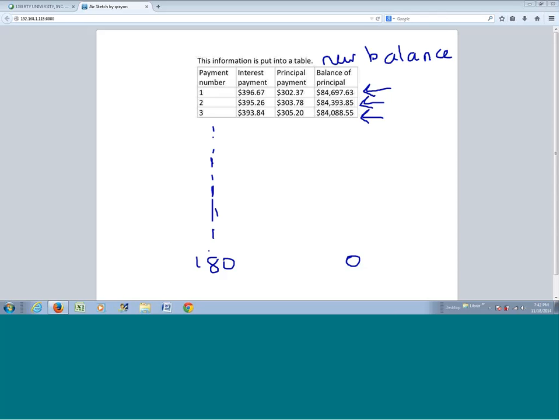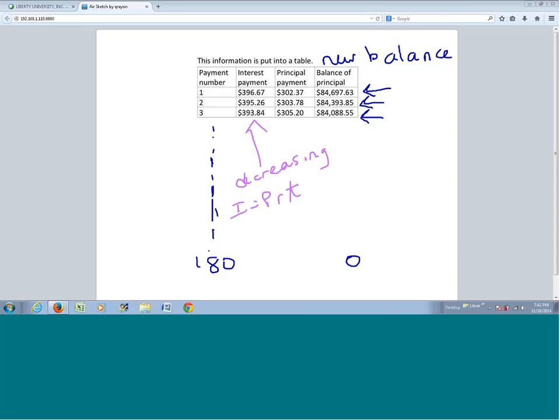Notice how the interest payments every month are decreasing because we are finding the interest by using I equals PRT, and the principal keeps decreasing.